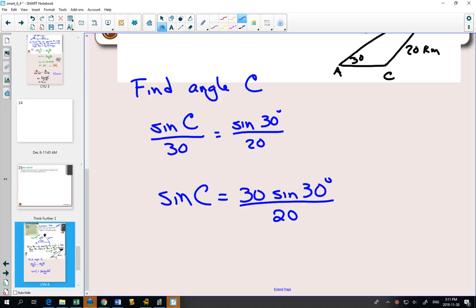What's 1/2 times 30? 15. What's 15 over 20 reduced to? 0.75. Good. 3/4 is 0.75. If you don't believe me, bring 3/4 to class on Monday. Give it to me and I'll show you.